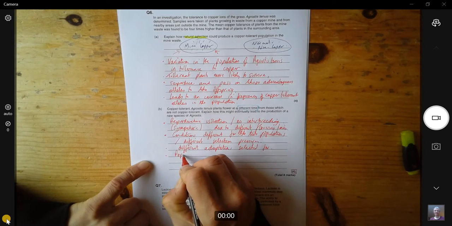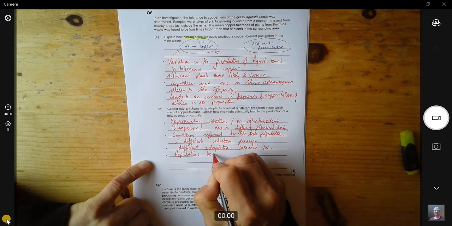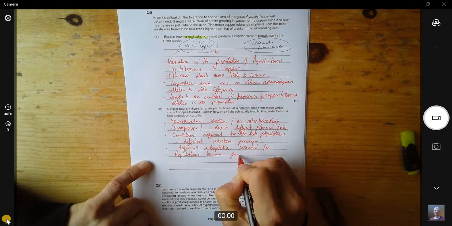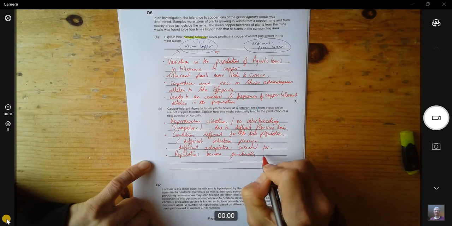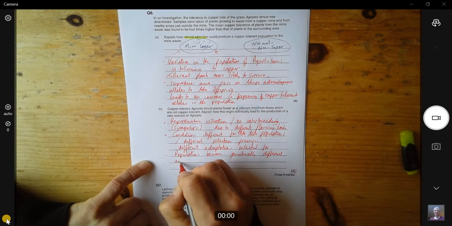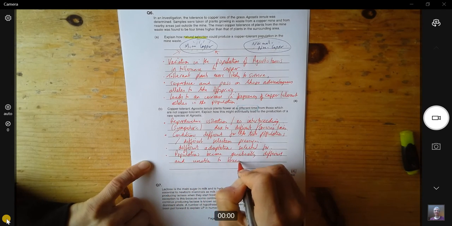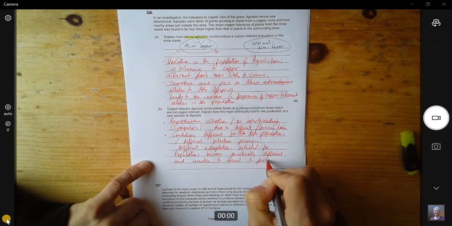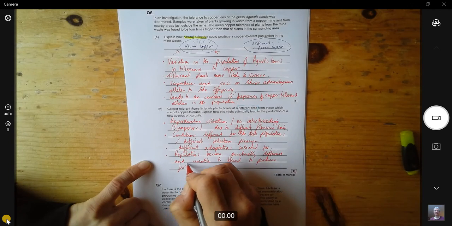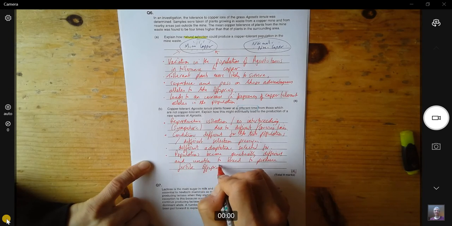So populations become genetically different and unable to breed to produce fertile offspring.